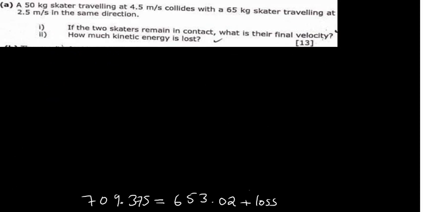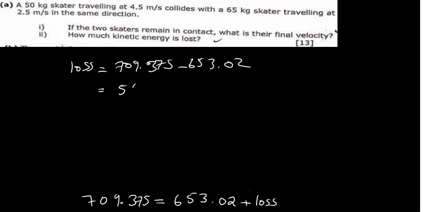So to find the loss, we're going to take 653 to the other side. So loss is going to be equal to 709.375 minus 653.02, and that is going to give us 56.35.